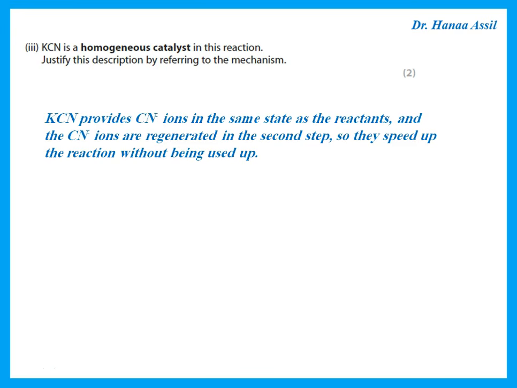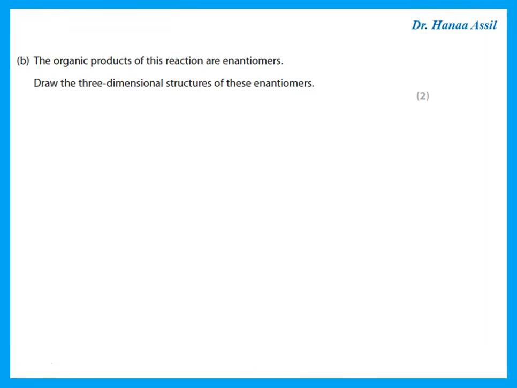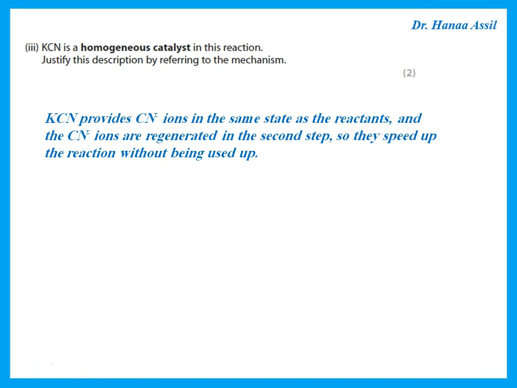So the KCN provides cyanide ions, and this is in the same state as the reactants. The cyanide ions are regenerated in the second step, so they speed up the reaction without being used up. And that is the definition of a catalyst. It speeds up the reaction without being used up.